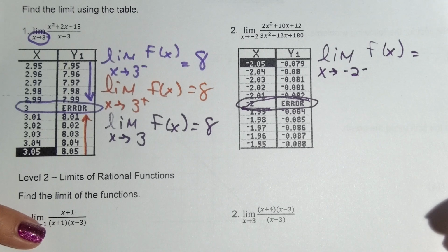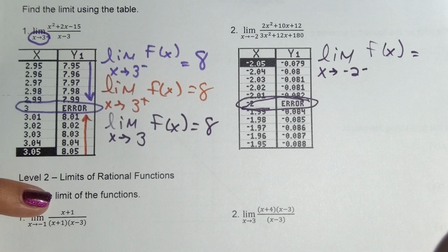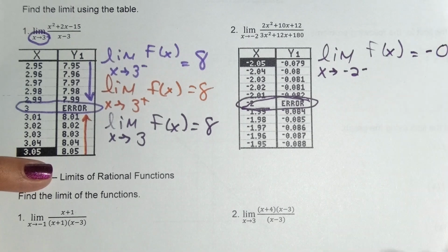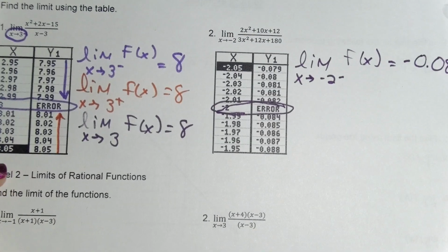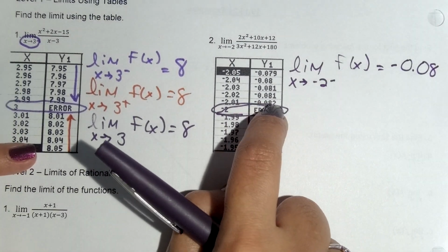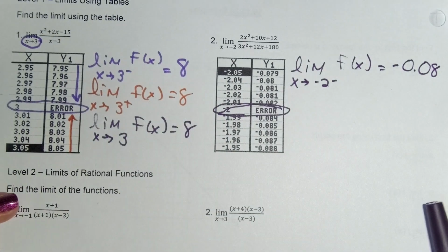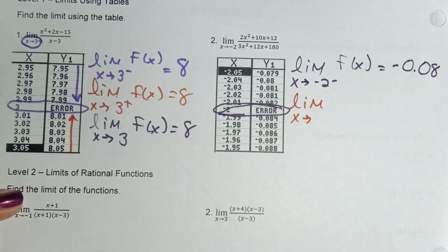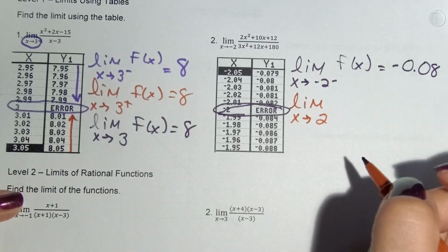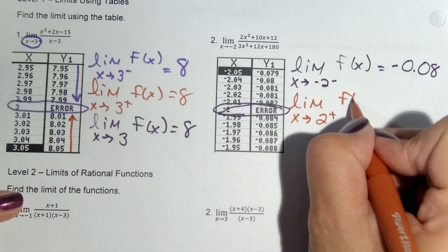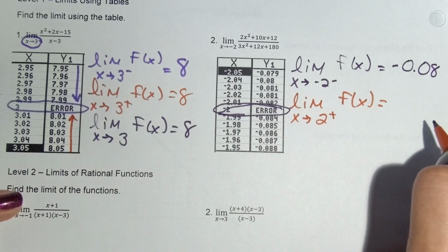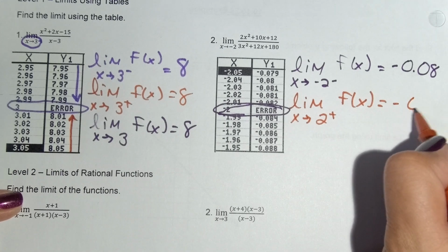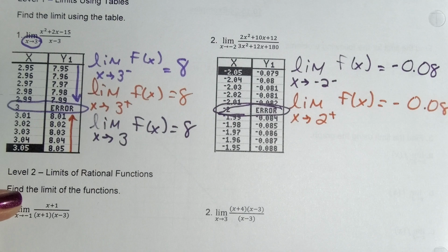No, don't round to 2 decimal places. 0.08. Now we need the limit as x approaches 2 from what? To the right. What's that give us? 0.08. Don't forget the negative. Are they the same?